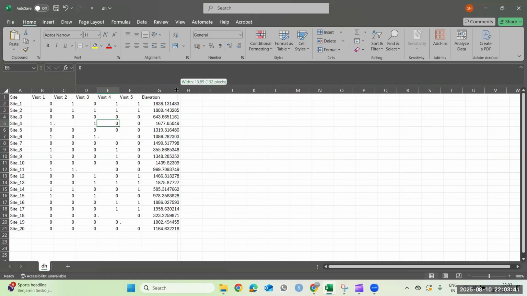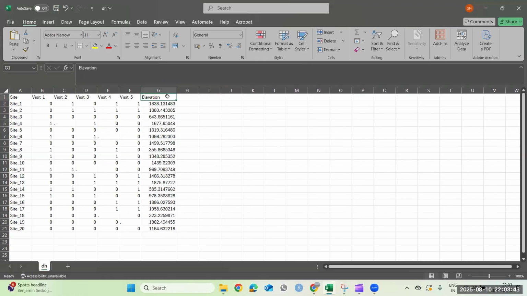The third thing we see is elevation, and this is the site covariates. So when we go for our site surveys, we can collect loads of data, right? We can collect site parameters, we can collect a lot of covariates. In this example, we've only taken elevation, so it's elevation for each of the sites.